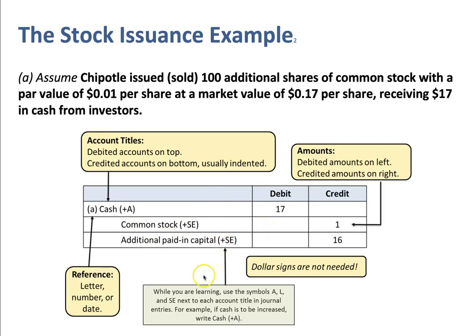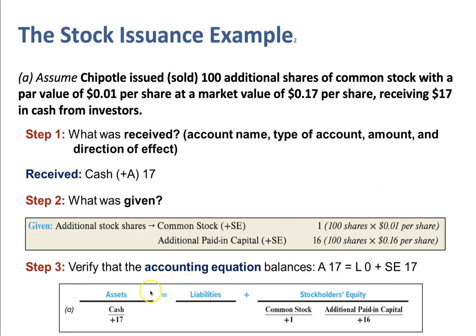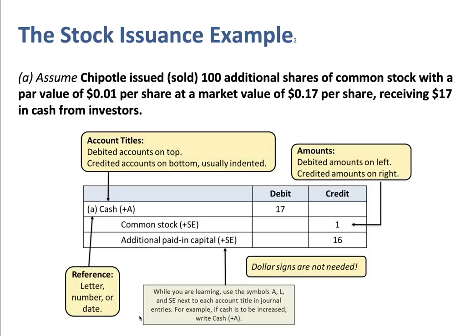So in this example, you would see that when Chipotle issues new stocks, cash increases. Now, when cash increases, accountants create a rule. Remember, debits and credits do not necessarily mean increase or decrease. These are just rules. So accountants created a rule that when an asset increases, when cash increases, it increases on the debit side.